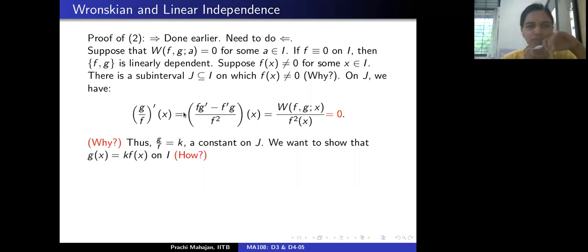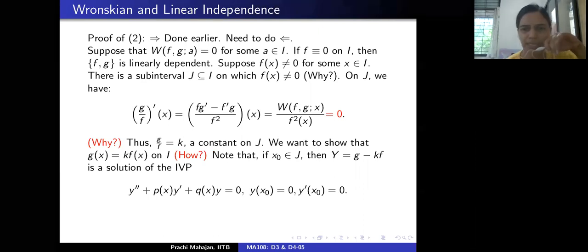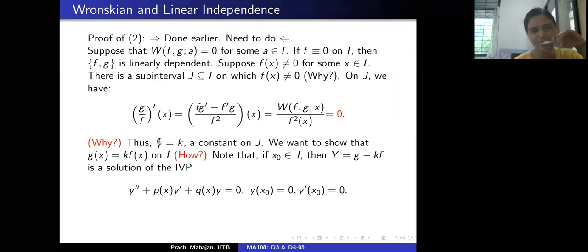So this is what we want to show. We want to show that g is k times f throughout the interval I, and in order to do that, we do the following. We know that if x naught is a point in J, then we cook up the following initial value problem. So what is it? The ODE is the same: y double prime plus p of x y prime plus q of x y equal to 0.